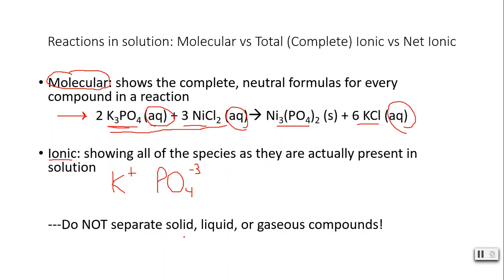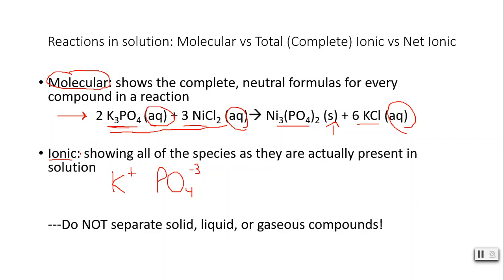Things that are solid, like in this case, the nickel phosphate, things that are pure liquids or gaseous compounds stay together. So I know the answer for the ionic equation for this molecular equation is on the next slide, but let's talk about how it was derived a little bit before going there.